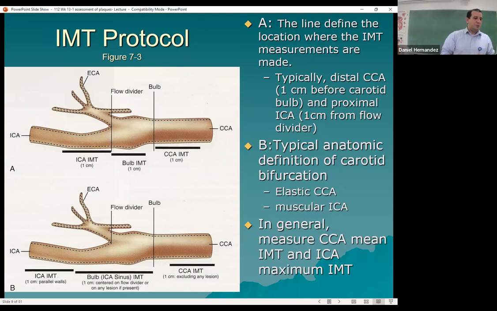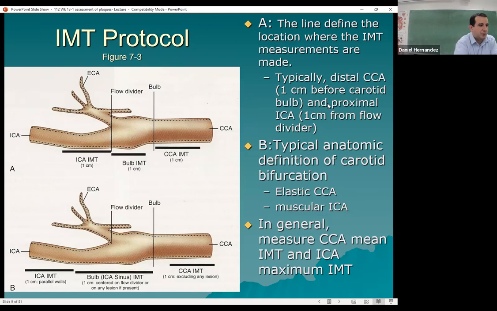If your lab does measure intimal medial thickness, there is a protocol that we use. We're going to measure that intimal medial thickness starting just prior to the bulb in our distal CCA. Typically we measure the distal CCA 1 centimeter before that carotid bulb.